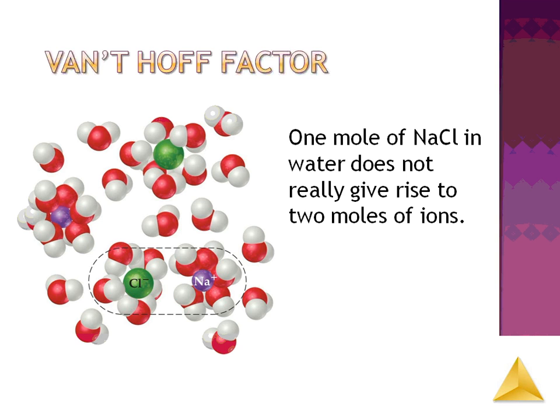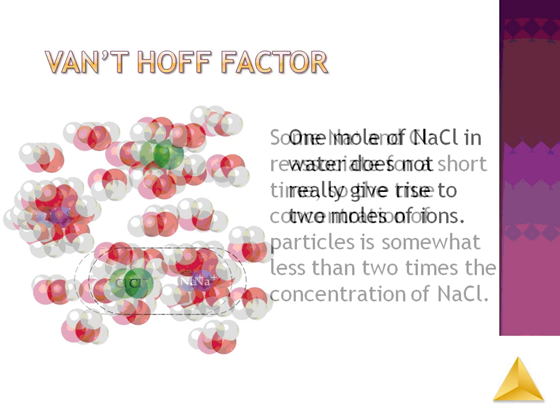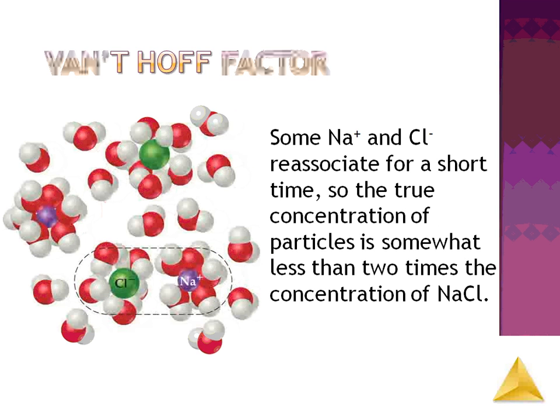So this isn't a number that's always exactly true, using like 2 for the Van't Hoff factor for sodium chloride. And we can see that how much it is off is actually dependent upon the concentration of the sodium chloride itself. Because the more sodium chloride I have in there, the more likelihood that you're going to get something like this happening. The more dispersed it is, and the further away these particles are kept from each other because it's dilute, the less that will happen.